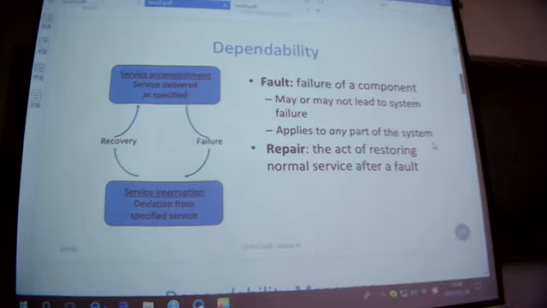So if we have a fault, we don't just worry about it; we want to repair it. Service accomplishment is service delivered as specified. Service interruption is deviation from specified service. So failure and recovery are two important procedures. If we have failure, we must have recovery.